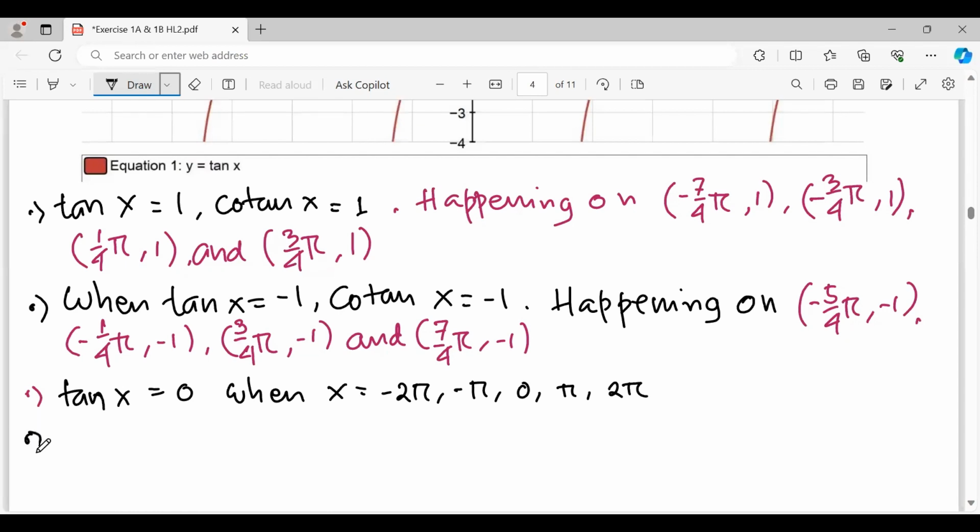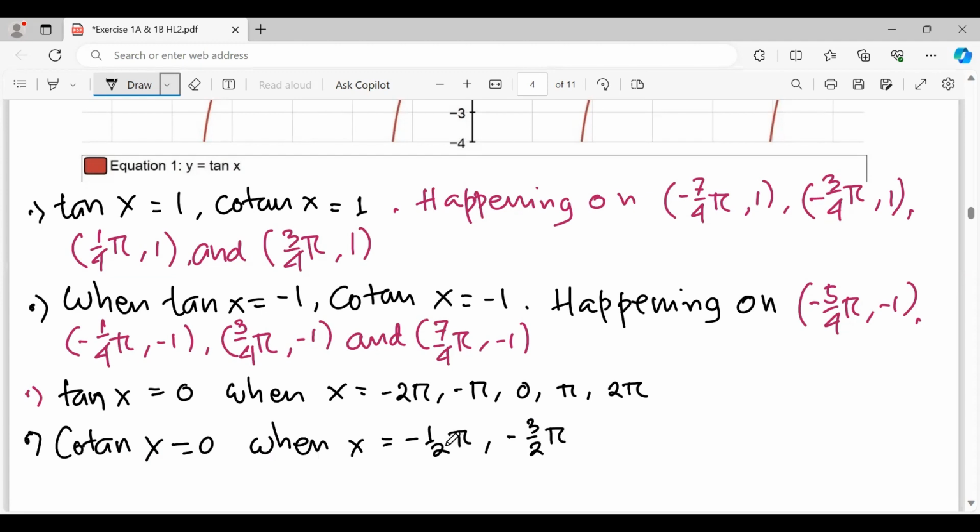Tangent x. So now cotangent x. Cotangent x equals 0 happening when x equals minus half pi, and then minus 3 half pi.